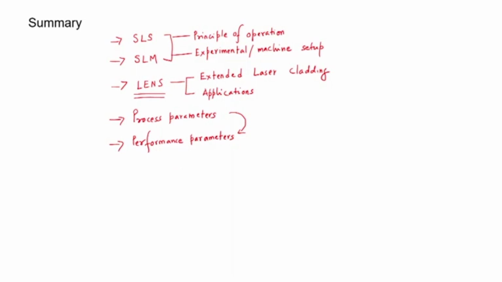So, with this I would like to stop for this week as well. In the next week we will see some of the mechanization or the automation related aspects by using lasers. We will also see what are the various CAD and CAM related aspects of the laser based processing.